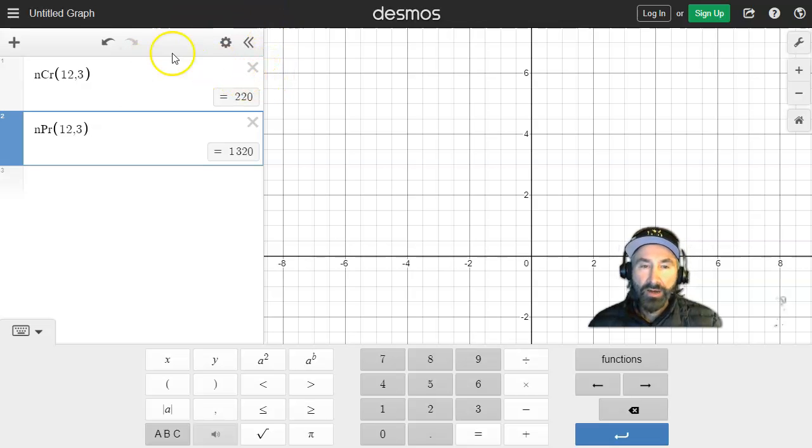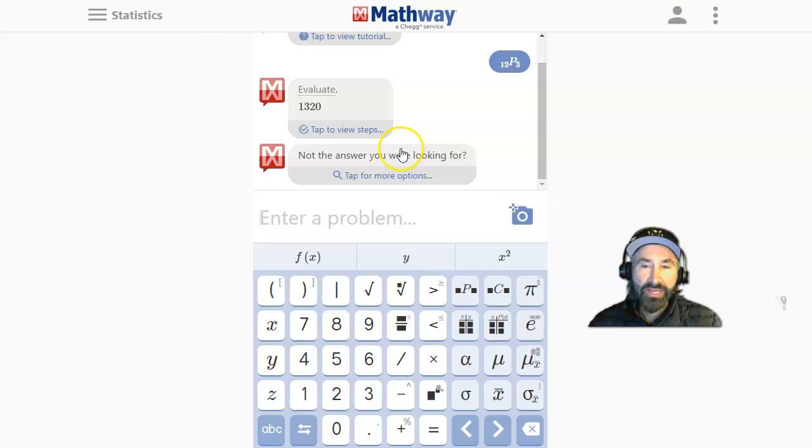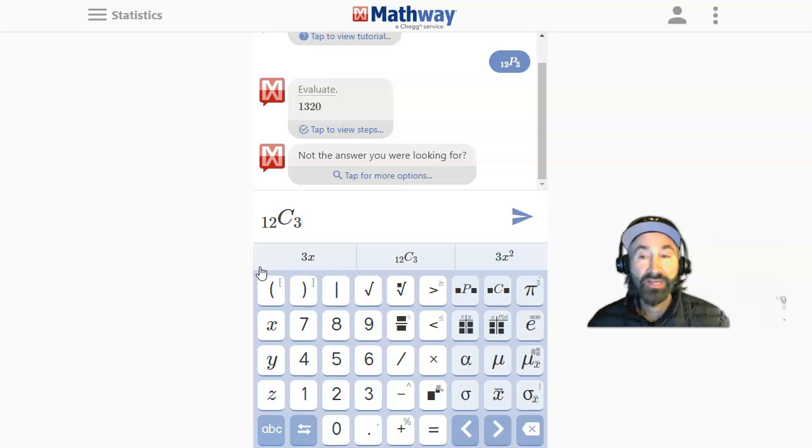Okay, now, again, I'd like to point out that with Mathway, we might have a slightly different way of doing the calculation. We'll do combinations, and we'll do 12, and then C, and then 3. And this is how we would enter things in our graphing calculator if we used a TI-83 or a TI-84.